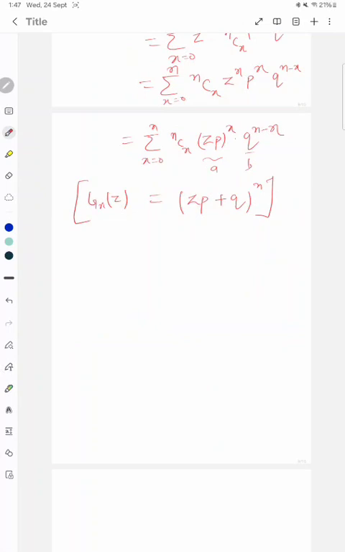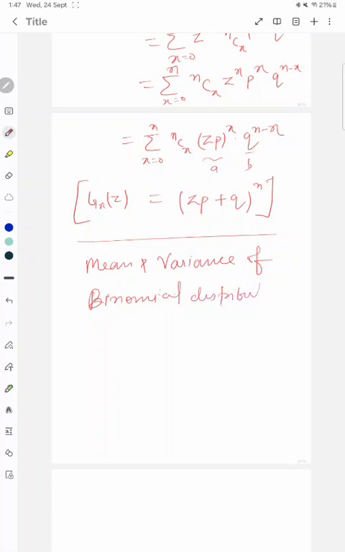Now we'll see the mean and variance of binomial distribution.